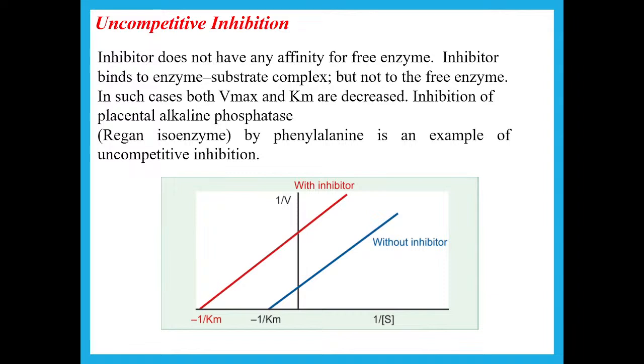Km and Vmax both decrease. From the graph we can see the Km intercept is more, proportionately, with inhibitor, but you have to calculate and check it, in the general aspect.